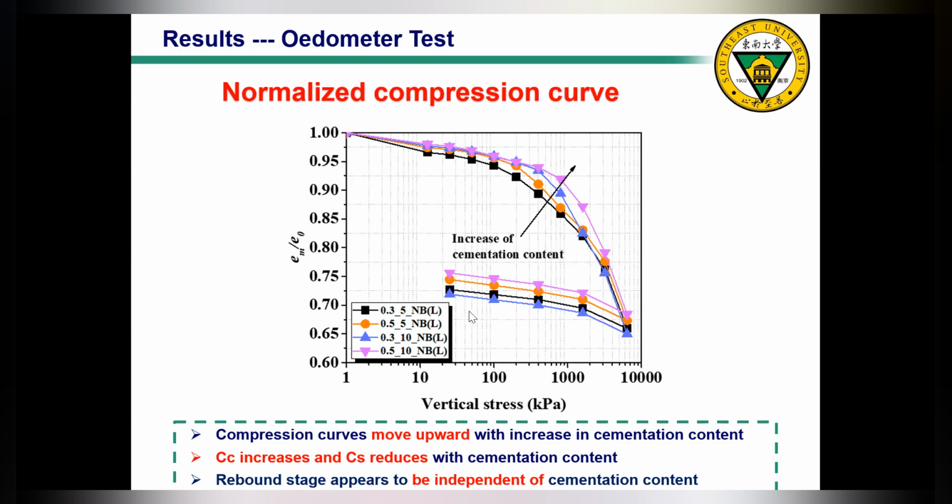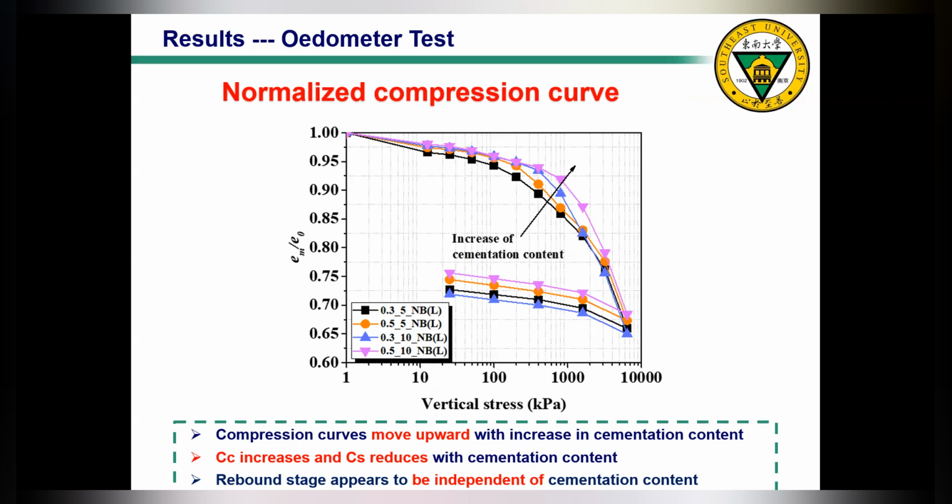And finally, if we look at the rebound state, interestingly, even if the cementation content is different, the slope for this part, or we can say Cr, the rebounding index, is very similar among these cases. It means that the rebound state is kind of independent of cementation content. And this can further prove that at this stage, the interparticle cementation has been fully broken.